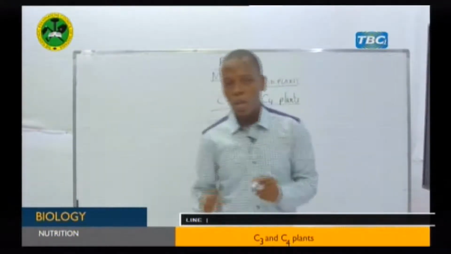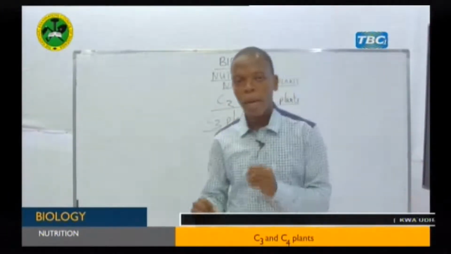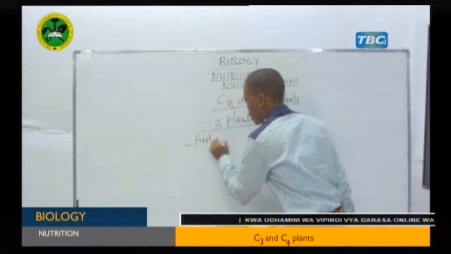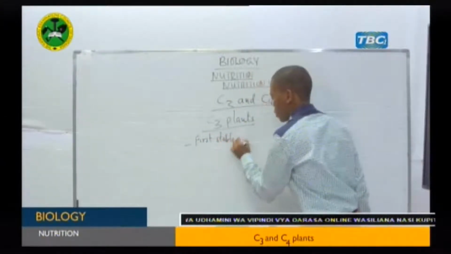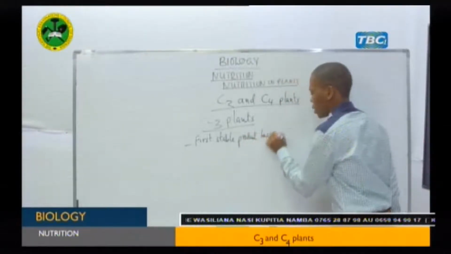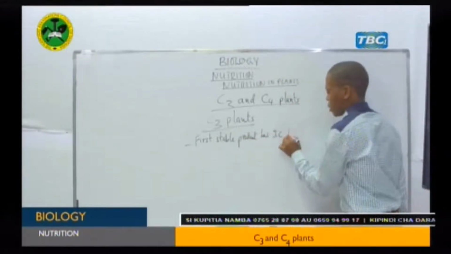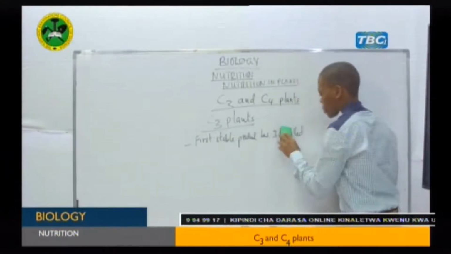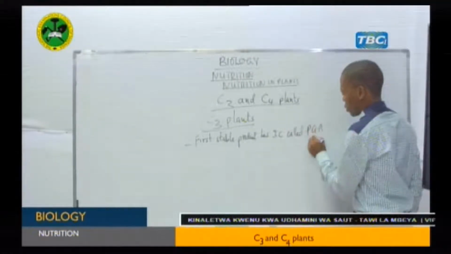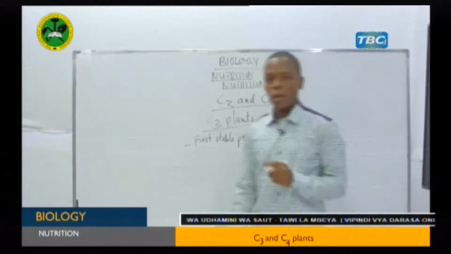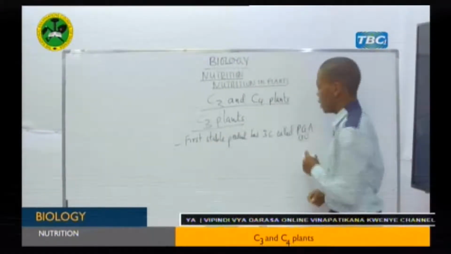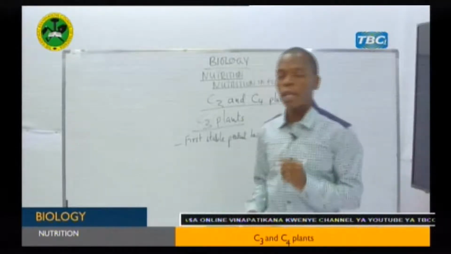As I told you, when we talk about the C3 plant, it is because of the first stable product to be formed, which is PGA, phosphoglyceric acid.